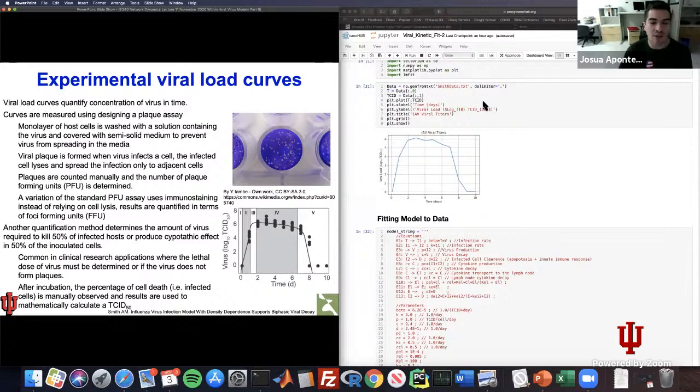Usually, these curves are measured using what are called plaque assays, and this is a picture of a plaque assay here. And the idea in this assay is that you have basically a plate with a monolayer of cells, and it's usually confluent, which means that the plate is full with cells.